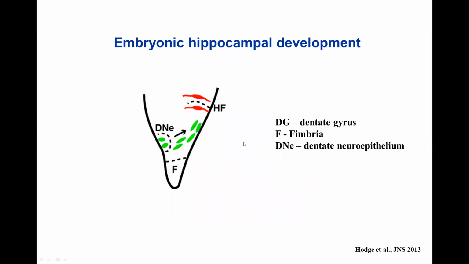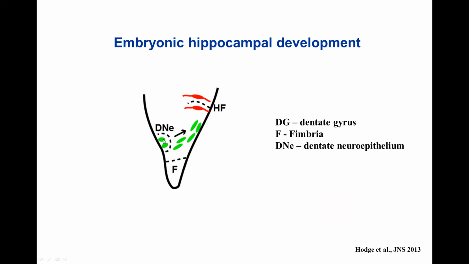So we investigated embryonic stages. During development, dentate gyrus neural progenitors originate in the dentate neuroepithelium, labeled as DNE here, in the telencephalic ventricular zone.